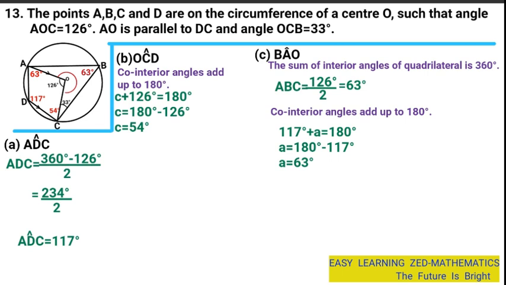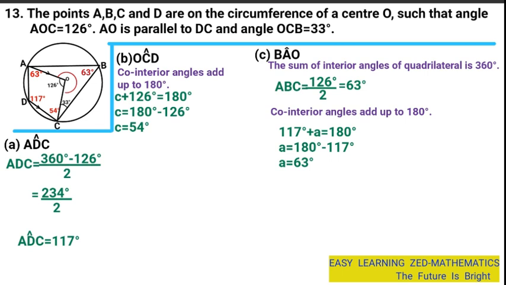We can get this angle by using the principle I mentioned earlier, that the sum of interior angles of a quadrilateral is 360 degrees. So we are going to add all the angles, including angle BAO.